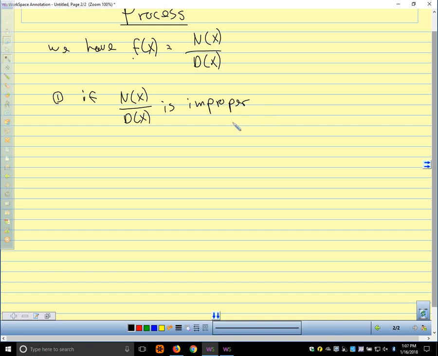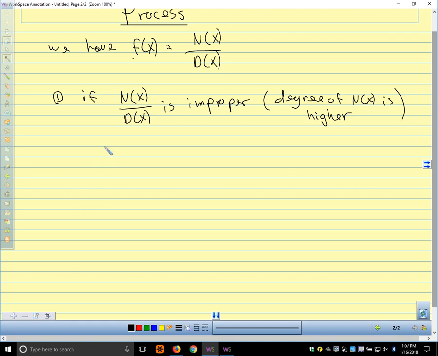And what we mean by an improper fraction with polynomials is the degree of n of x is higher. That's what an improper fraction means. So, for example, if n of x was x to the 5th plus 3x cubed something, something, something, and the denominator was 2x squared plus 3x plus 5.